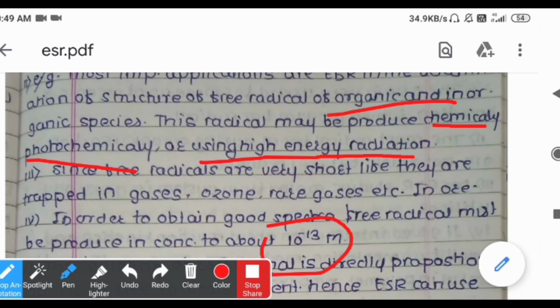Since free radicals have very short lives, they are trapped in gases, ozone or rare gases, and in order to obtain a good spectrum the free radical must be produced at a concentration of around 10 raised to minus 13 molar.